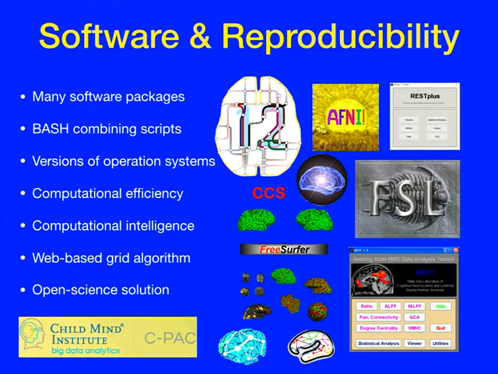Next is about software and reproducibility. We have so many software toolboxes, right? You can use any of them to analyze your data, those big data. The very naive question is: when you change your software tools, how will your results and findings change?